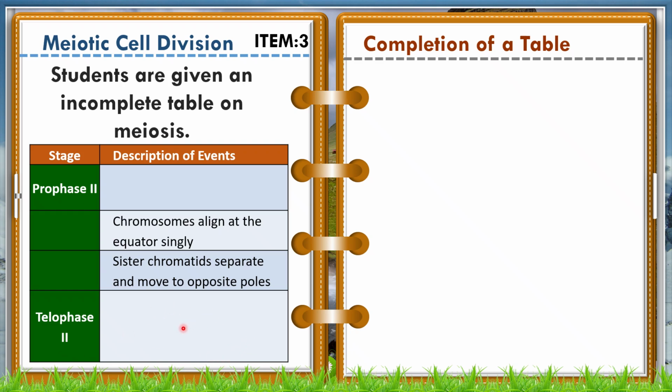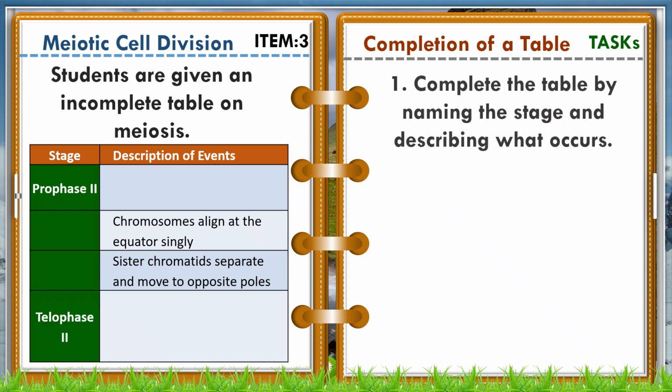We have to fill this part here. Okay, so let's look at our task. Our task says complete the table by naming the stages and describing what occurs, the event.